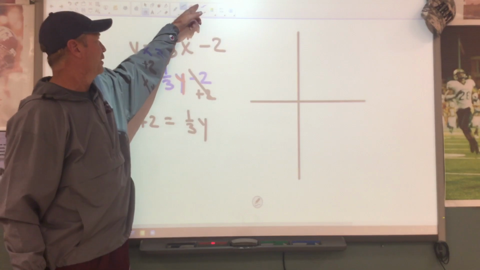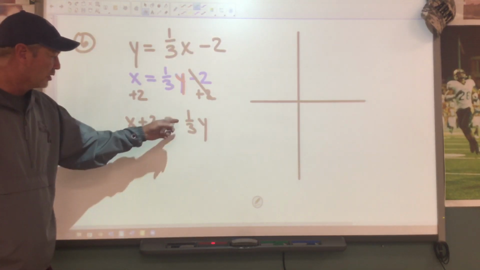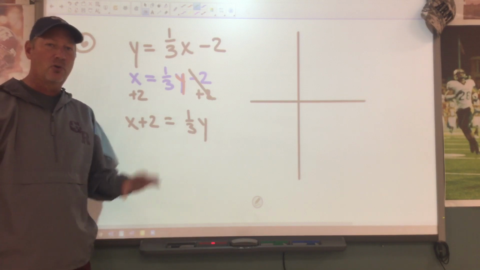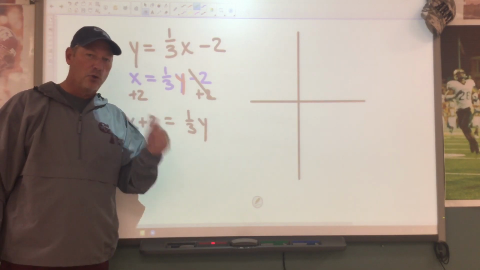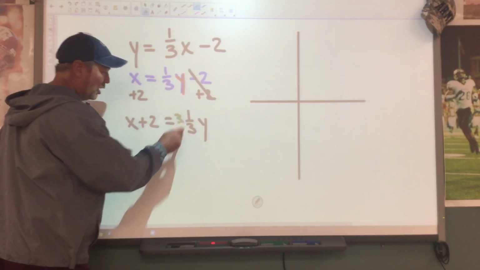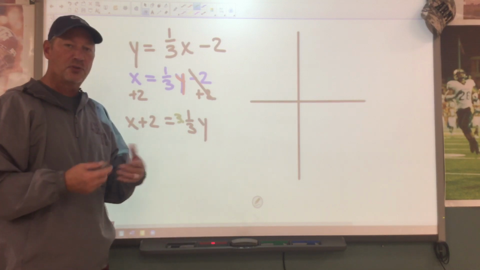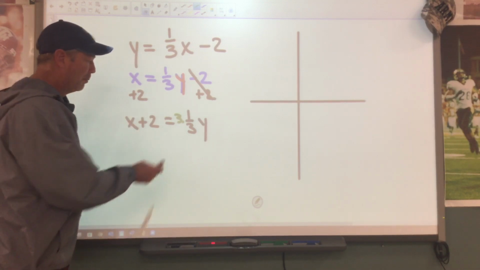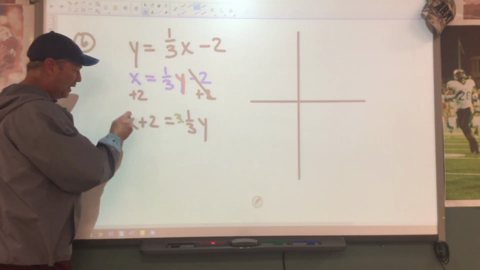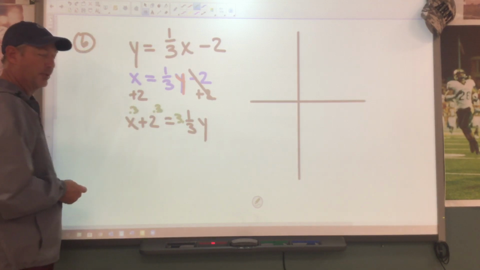I need to get rid of the 1/3 so I can get y by itself. We're taught to multiply times the reciprocal. When you get rid of a fraction, multiply by 3/1 in this case. 3/1 is the exact same thing as multiplying times 3, so I'm just going to multiply times 3. This term gets multiplied times 3, this term gets multiplied by 3.